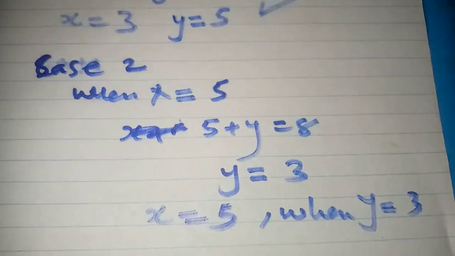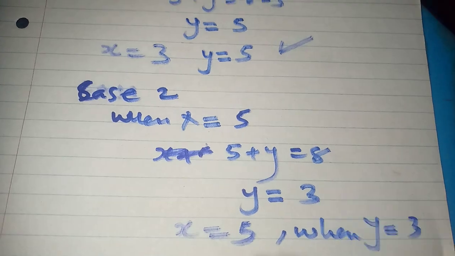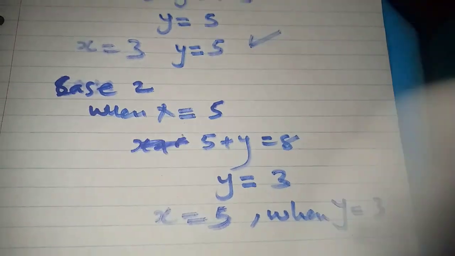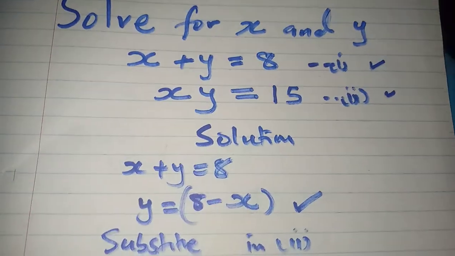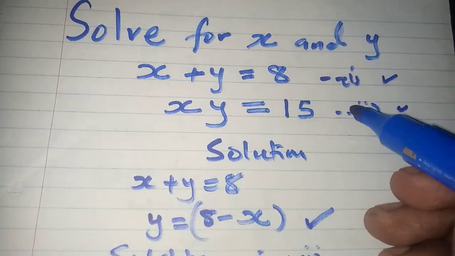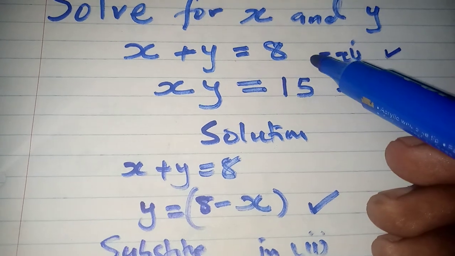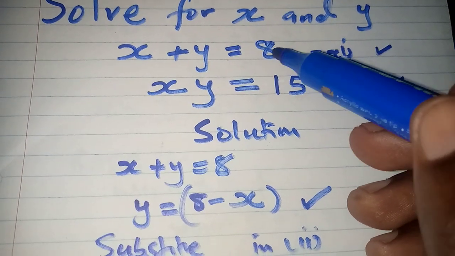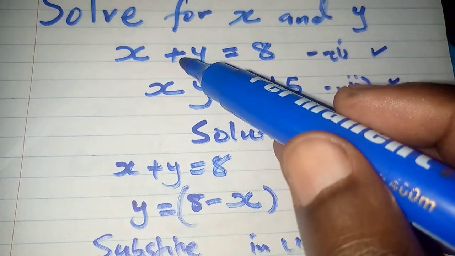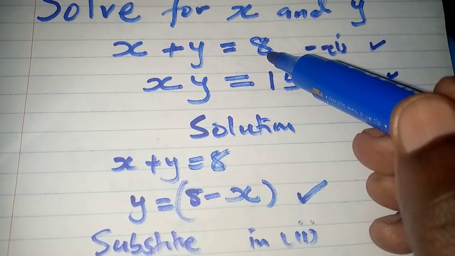So guys, the two cases, when you substitute in our original problem, you realize that it is true. When x is 5, y is 3, you get 8.